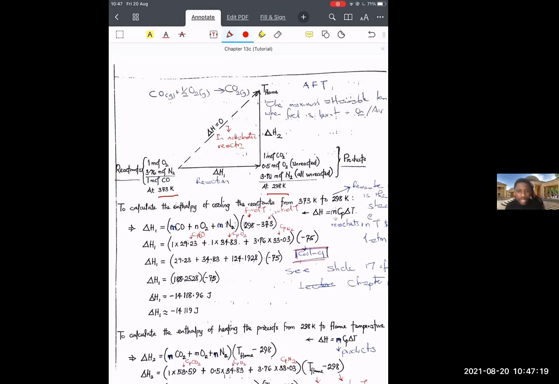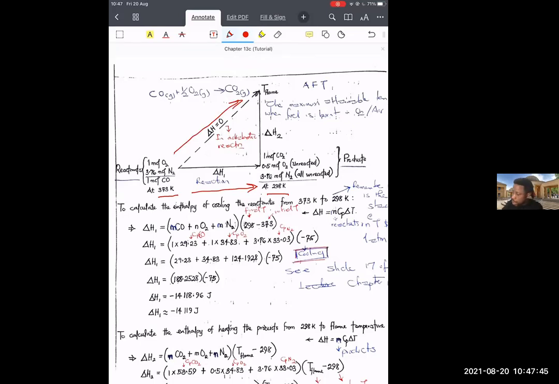A cooling is happening. But also remember, in terms of our standard heat of reaction, we can only do that at 298. So that is why we've drawn this. So we start by cooling, and then you have the flame formation occurring there. So please take note of that.